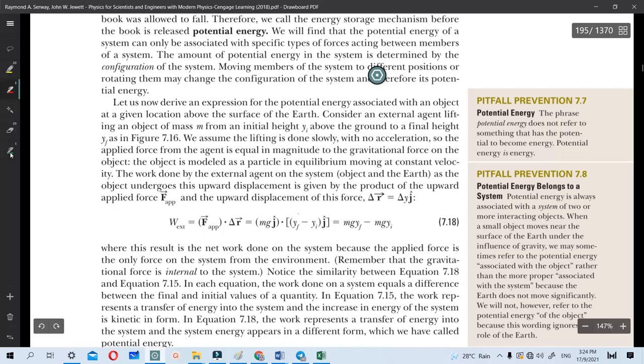Recall just now in the figure, if v is constant, then you will find that the force applied has the same value as the weight, and it's in the opposite direction.